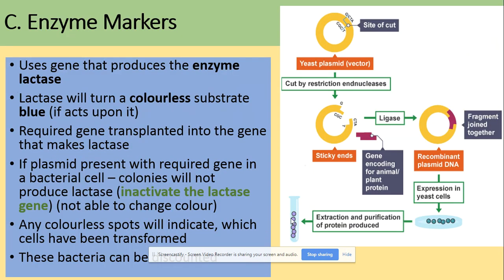And the final way is to use the enzyme markers. They use the gene that produces the enzyme lactase, and lactase will turn a colorless substrate blue if it acts upon it. So the required gene is inserted into the gene that makes lactase, and if the plasmid is present with the required gene in the bacterial cell, the colonies will not produce lactase.